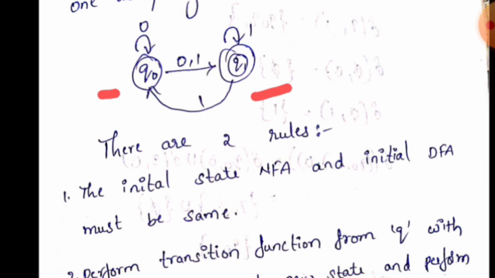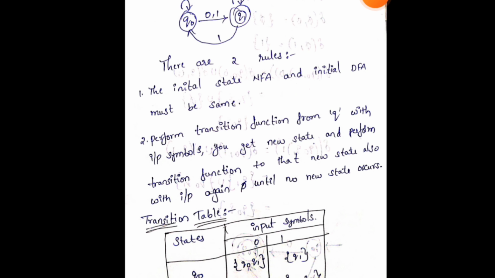Okay, here see, this is our transition table for this transition diagram. Here we have 2 states Q naught and Q1. So we are taking Q naught and Q1 with the input symbols zeros and ones. Here with the state Q naught with input symbol 0, moving towards Q naught with self loop and moving towards Q1 also.